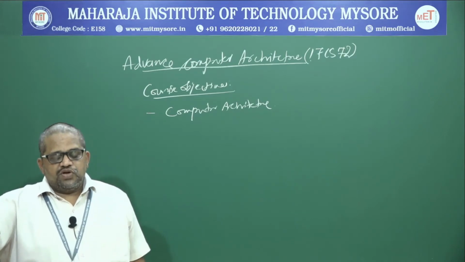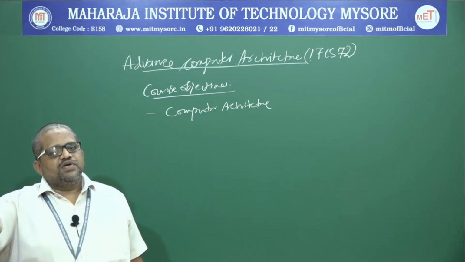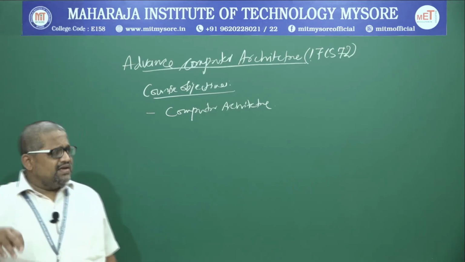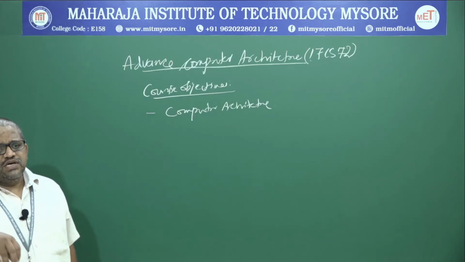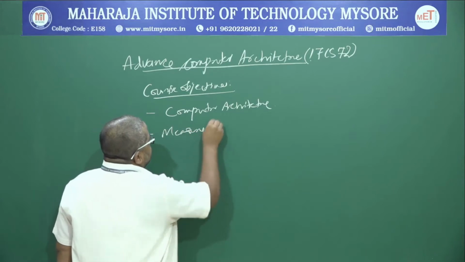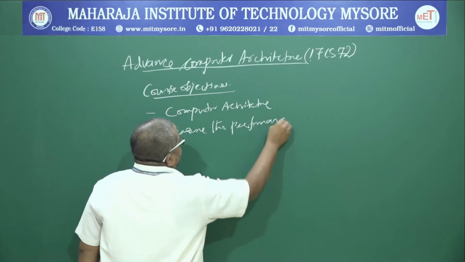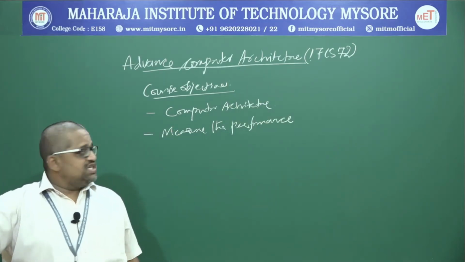Probably in your computer organization subject you would have studied a general computer architecture, but here the same general computer architecture is going to be ported into different architectures, right? Now once you are familiar with the computer architecture, the next thing you are going to look at is measuring the performance. Right? The second objective is you are going to measure the performance.